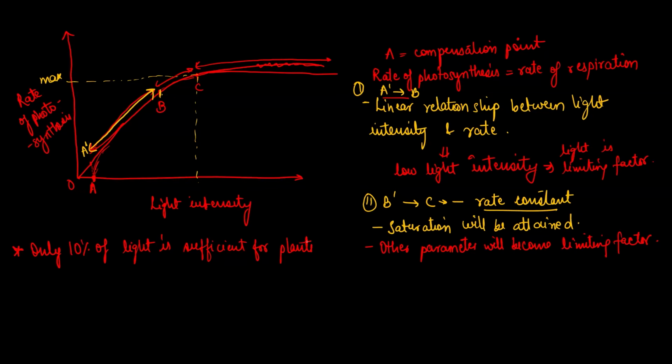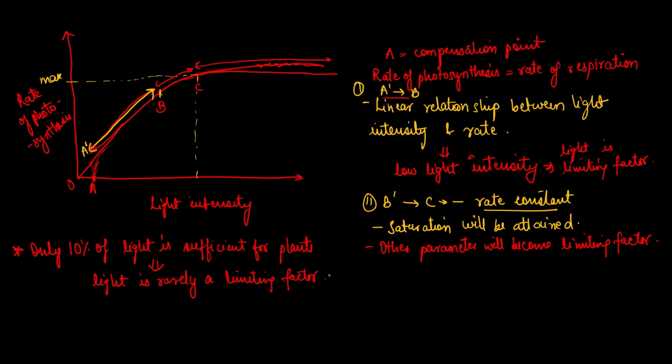Now, if only 10% of light is sufficient for plants, it means that light is rarely a limiting factor. Because whatever light the plants are receiving, only 10% of that light is sufficient to do photosynthesis. So light is barely a limiting factor.